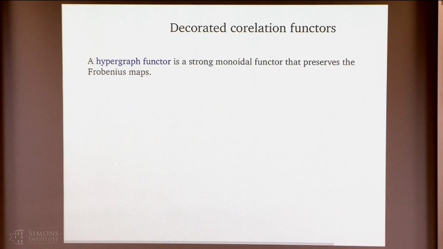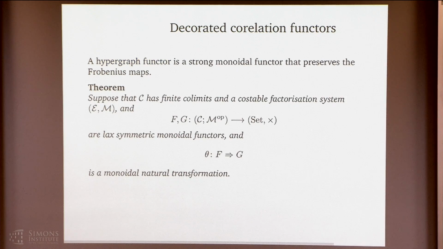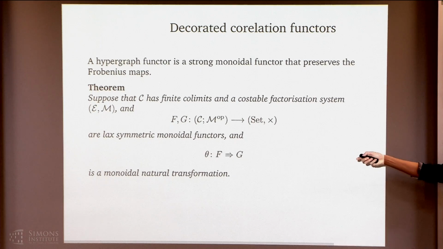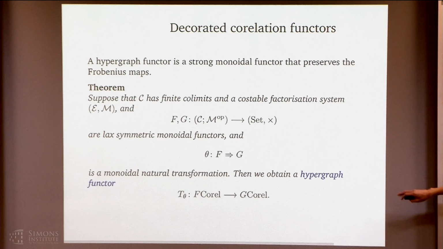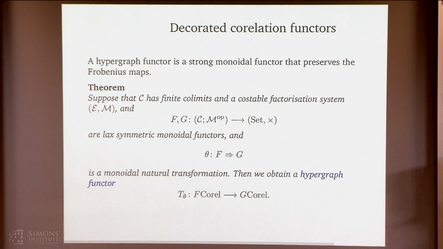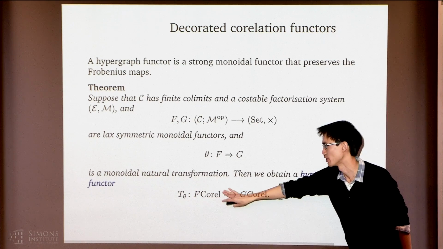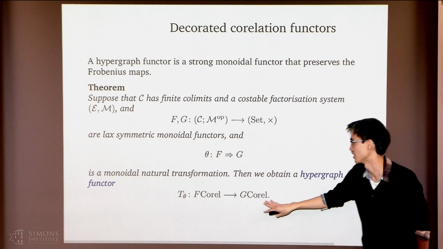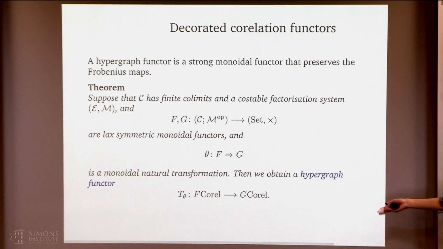Right. So for functorial semantics, it's important we also get a hypergraph functor. And in the same way as we did for decorated cospans, given these more general functors and a natural transformation between them, we can also get a hypergraph functor giving semantics between, say, a syntactic category, which could just be cospans if we use a trivial factorization system, to something like our linear relations, built as a decorated correlation category.